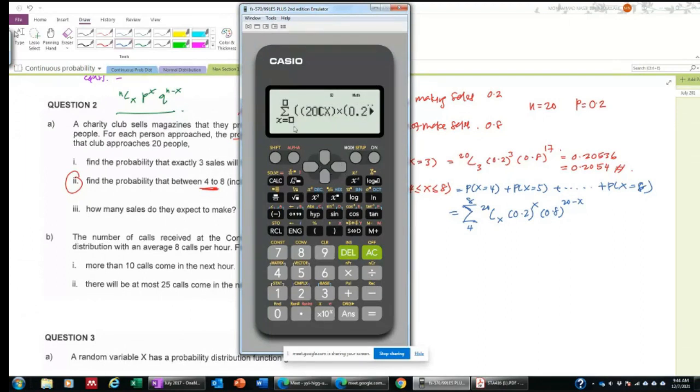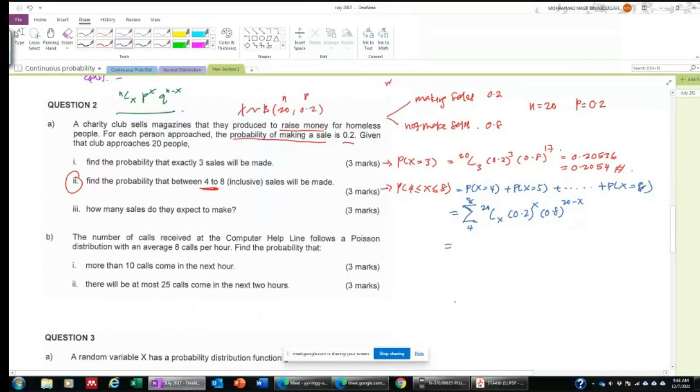Close the bracket. And don't forget the value of x starting from 4 to 8. So you will get the value which is 0.5786.